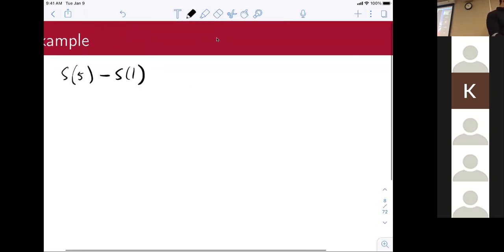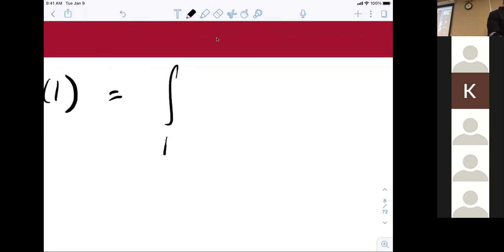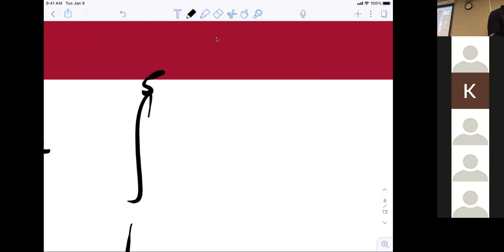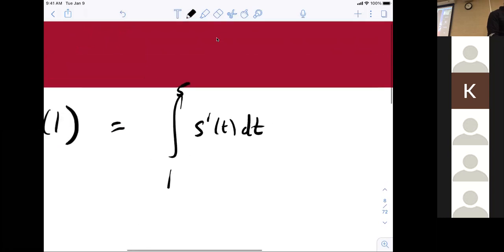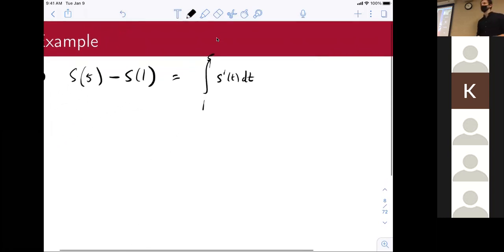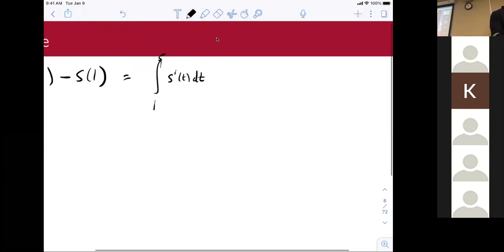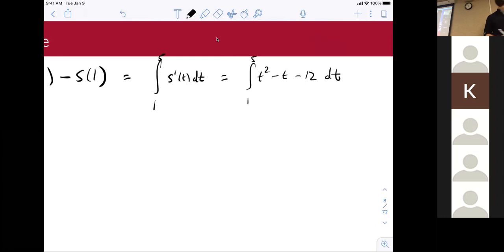Well, by the fundamental theorem of calculus, this is equal to the integral from 1 to 5 of s prime of t dt, right? You integrate a derivative, you get the original thing back. But s prime of t is v of t. So we need to find the integral from 1 to 5 of v of t, which is t squared minus t minus 12 dt.